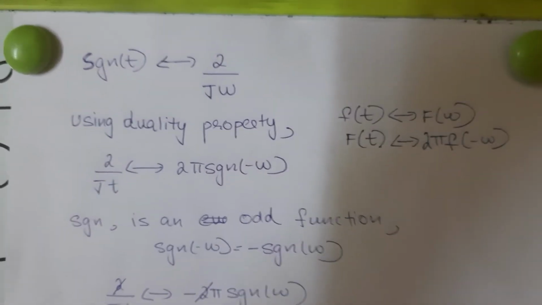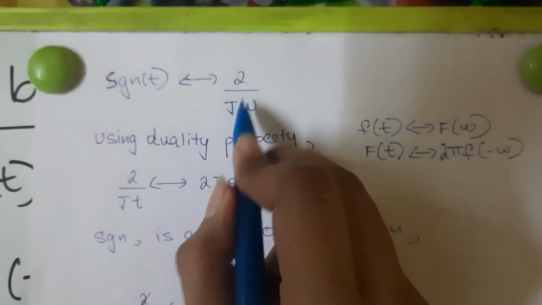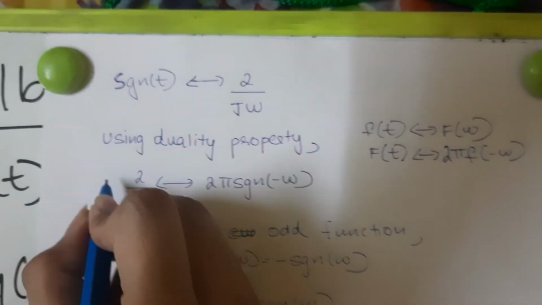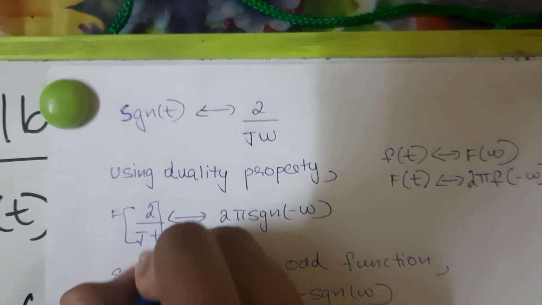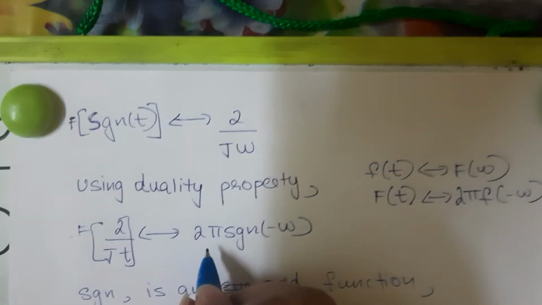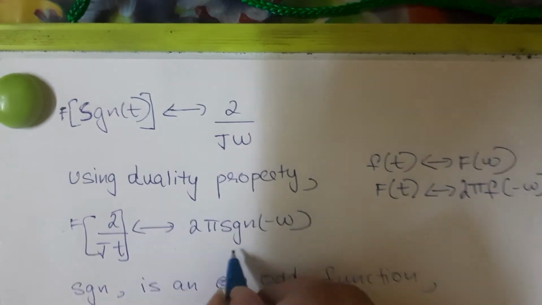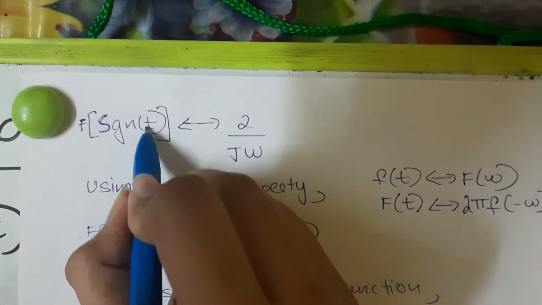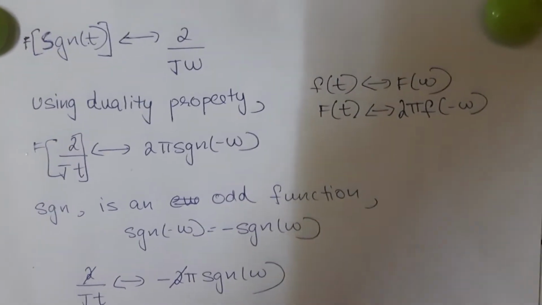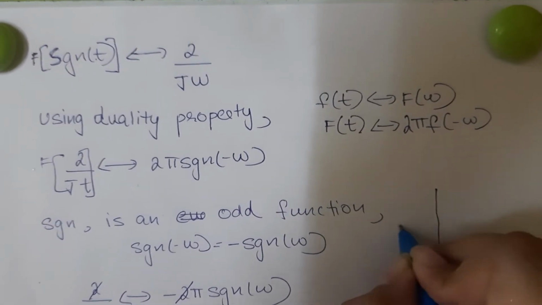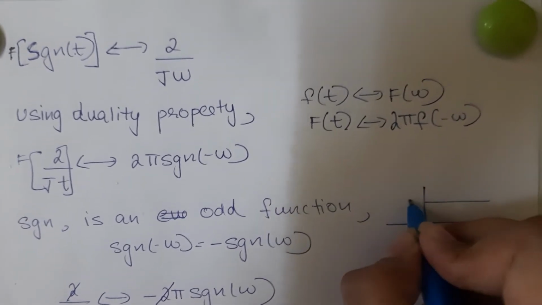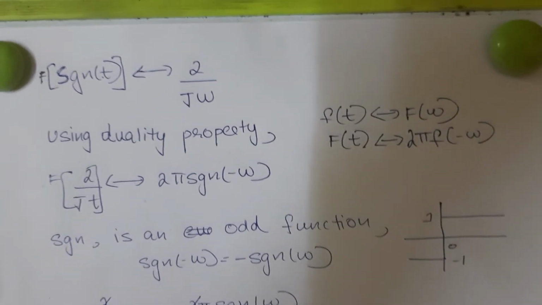Now, using that, replace omega by t, 2 by jt. Fourier transform of this will be 2 pi signum of, replace t with minus omega. Now, what is a signum function? Signum function is said to be 1 for t greater than 0 and minus 1 for t less than 0.